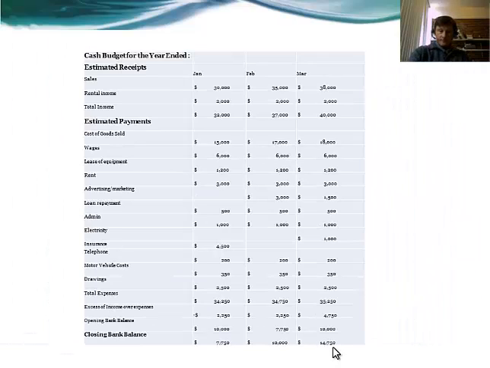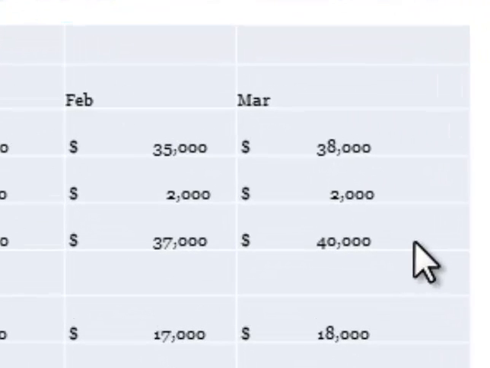As these are estimated figures, what businesses do is compare actual against estimated and do an analysis. And if the variances from any of these months is more than 10%, then they must be investigated and explained, why there was such a big deviation.